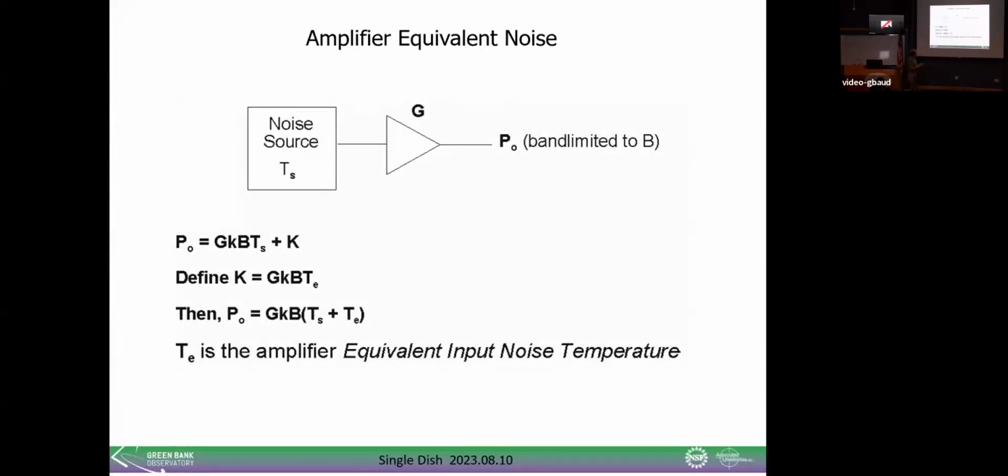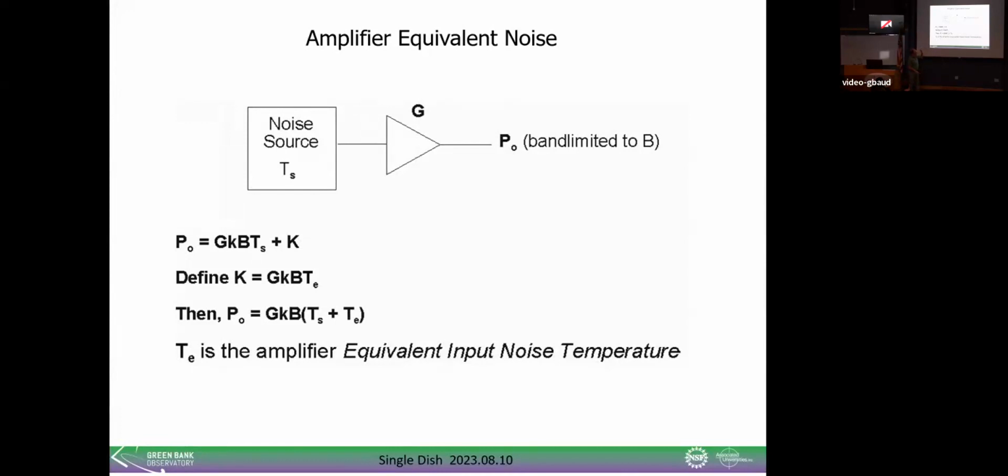So all these amplifiers are cryogenically cooled to lower this Te, the equivalent noise input temperature, as if you're referring the noise of the amplifier back to the input of the amplifier. You want to reduce that and make it as low as possible.